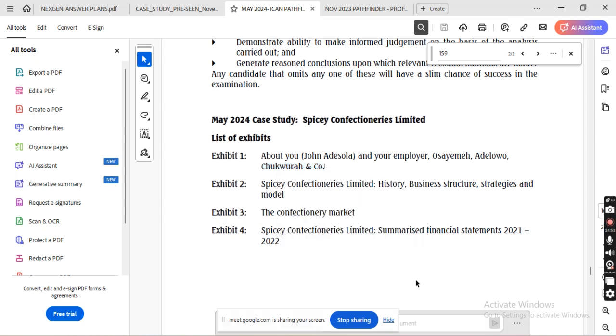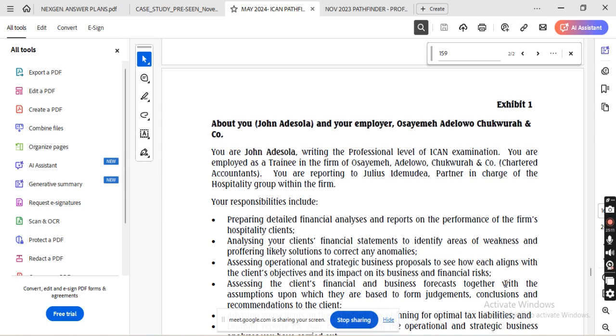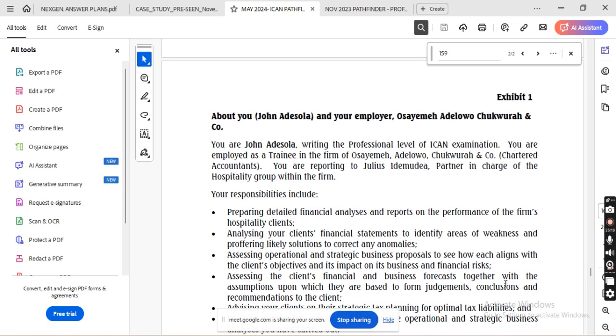Class, Spicy Confectionery Limited history. The confectionery market. Spicy Confectionaries summarized financial statement. This is it, Exhibit 1: About you, John Adeshola, and your employer, Osayemi and Co. You are John Adeshola writing the professional level of ICAN examination. You are employed as a trainee in the firm of Osayemi and Co., Chartered Accountants.